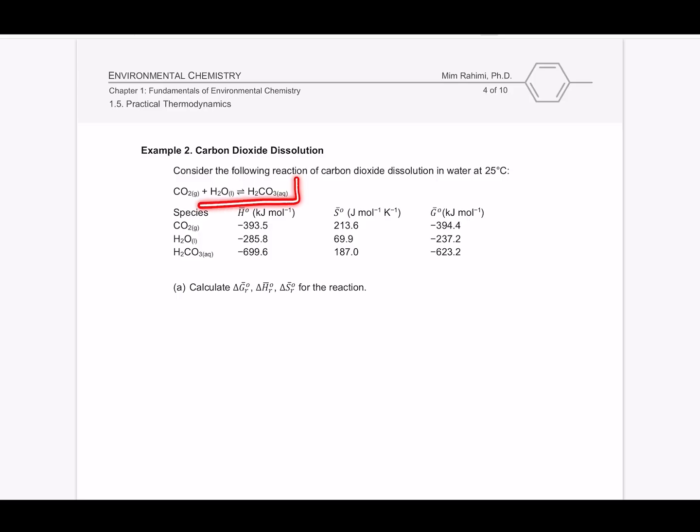We have this reaction of CO2 being hydrated with water to form carbonic acid. And then we have the temperature, which is 25. And then we have all the information about H, S, G at the standard condition per mole. So we can basically get delta G, delta S, and delta H of reactions pretty easily.